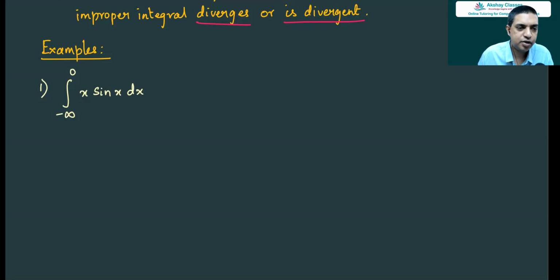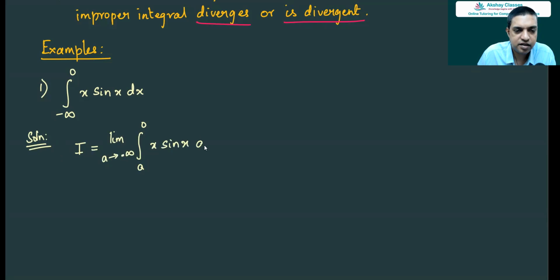Let's evaluate this. So this is I. We write this I as integral a to 0, limit a tending to minus infinity, x sine x dx.